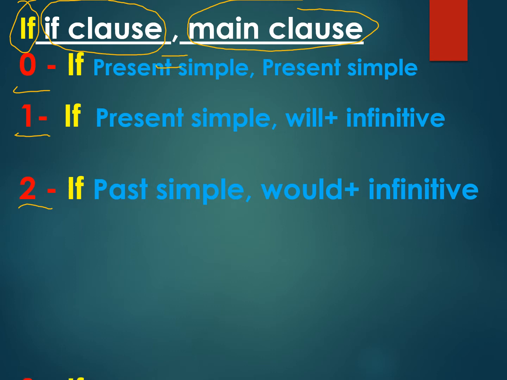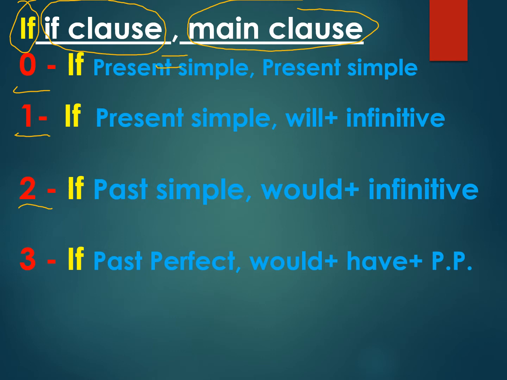And finally, the fourth type, which is the third conditional, in which if is followed by the past perfect, and of course the past perfect consists of had plus past participle, like had gone, had eaten. This is the past perfect. And then the main clause includes would plus have plus past participle, okay?